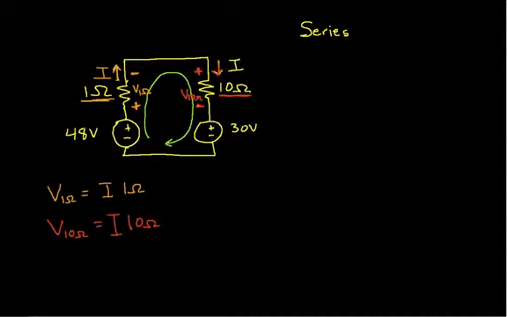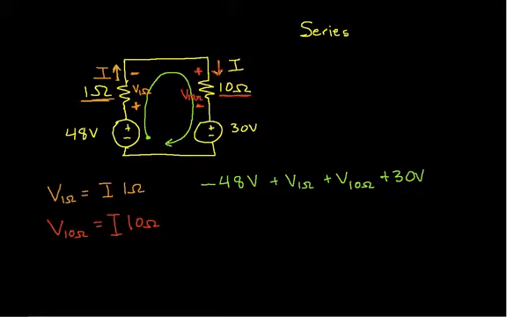I can now apply Kirchhoff's voltage law around the loop, and let's start right here with the 48 volt source. We're going from negative to positive, so applying Kirchhoff's voltage law, I have negative 48 volts. Then in the 1 ohm resistor, we're going from positive to negative, plus V1 ohm plus V10 ohms plus 30 volts.